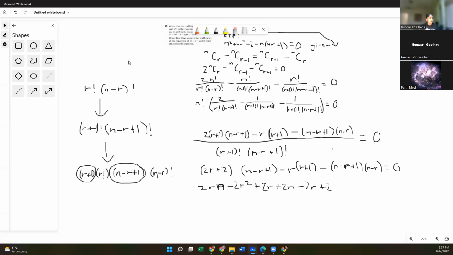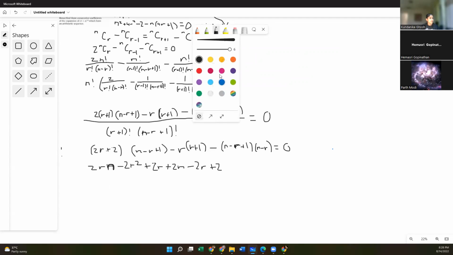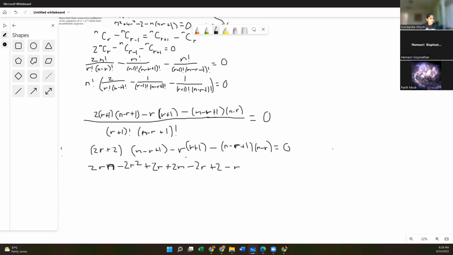We're going to move over a bit just so we have some space to write. Plus 2. Okay, minus r squared, because r times r, minus r. We'll do the rest in our heads: that becomes minus r, minus n, plus r, and minus 1. So minus n times n is negative n squared.